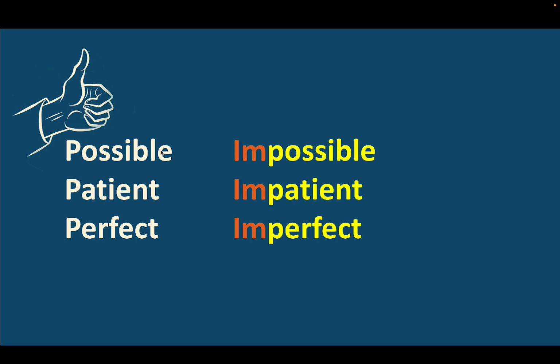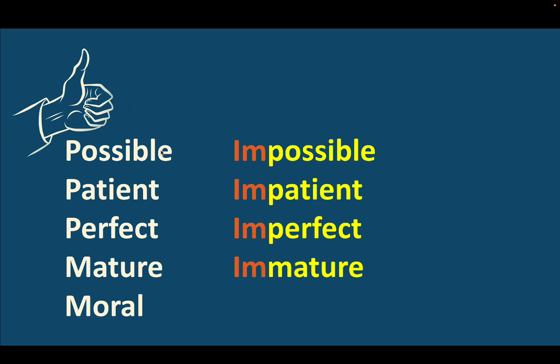There's a rule, and then there are exceptions to the rule, right? Mature. Someone is so mature, but their sister or brother may be very immature. Immature. Someone is very moral, but if you put an im in front of it, they become immoral.